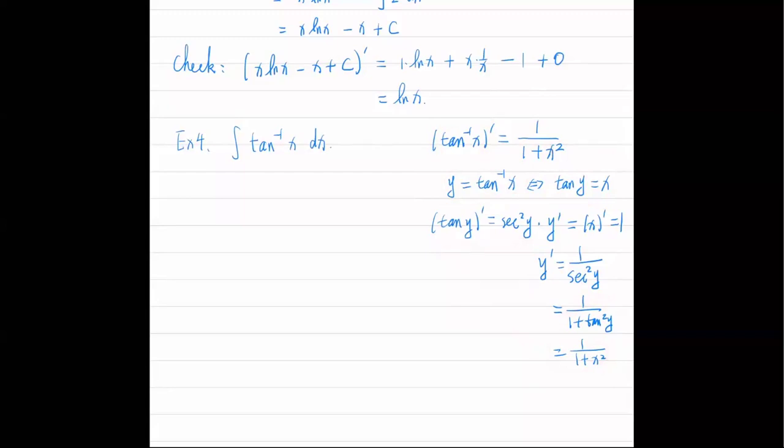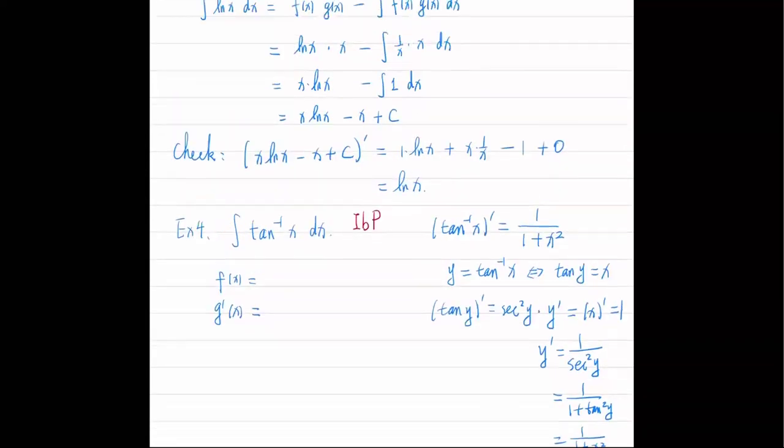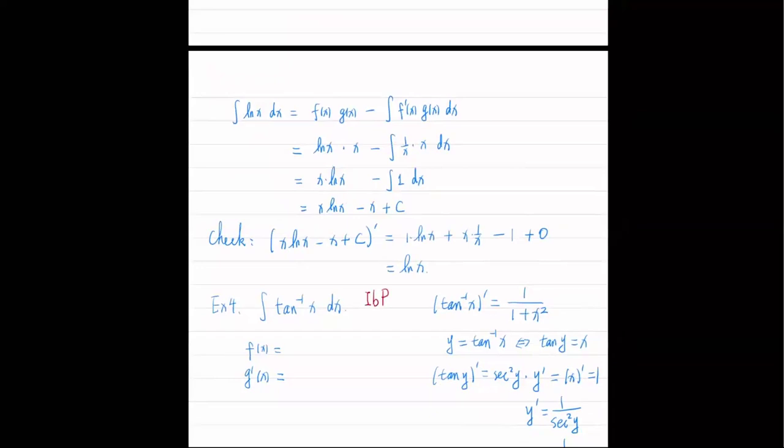Okay, let's identify f and g derivative. Sophia, what would you say for f if we want to apply the integration by parts? Let's compare with the previous one.